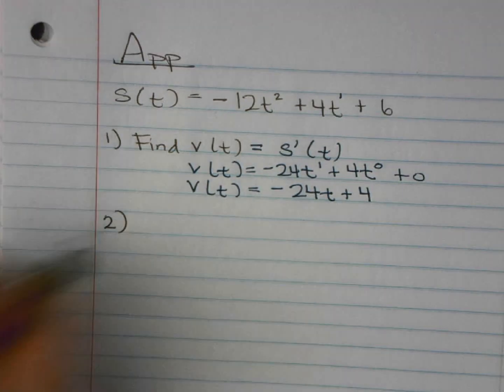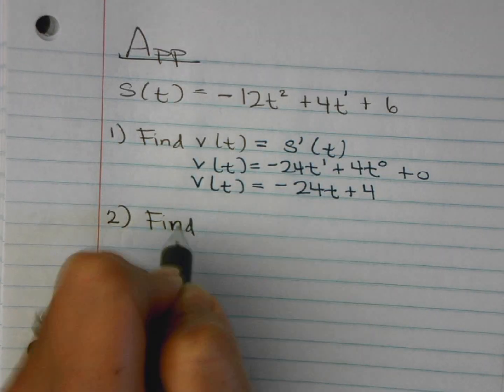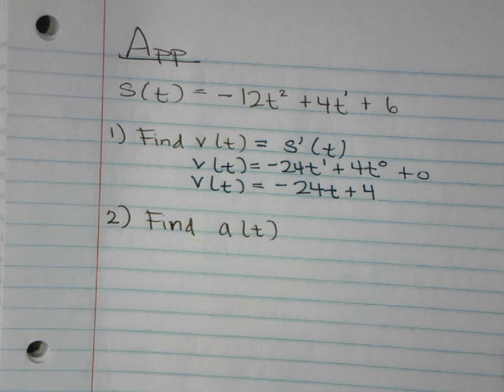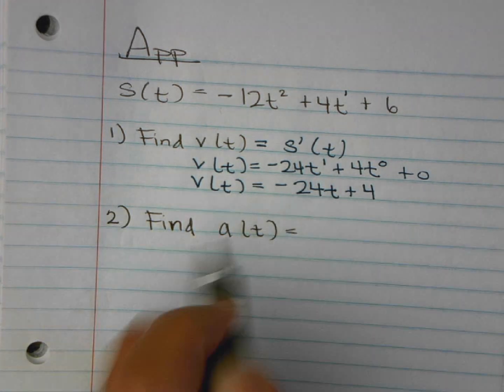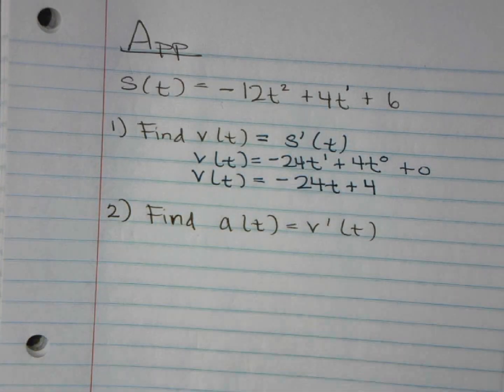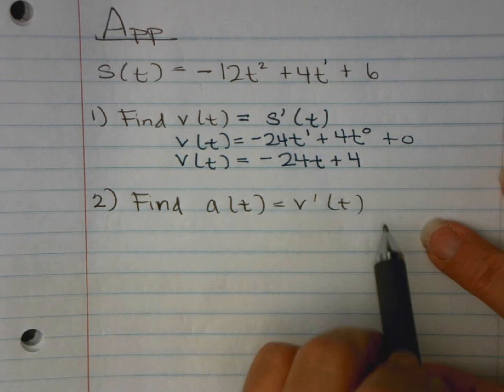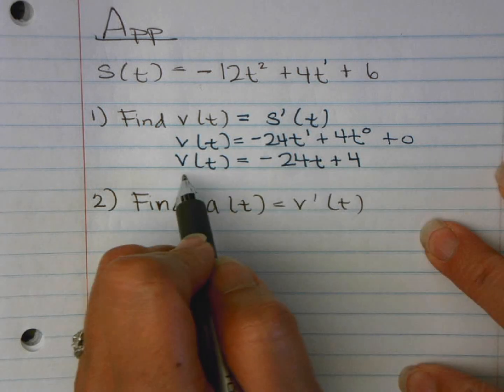And then for question number 2, let's find a of t. So a of t is how velocity changes, so that would be v prime of t. So a of t is acceleration again, so that would just be v prime. I just need to take that derivative.